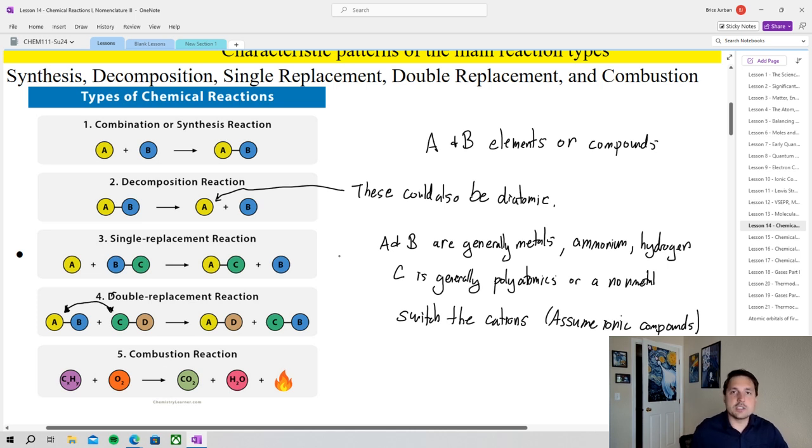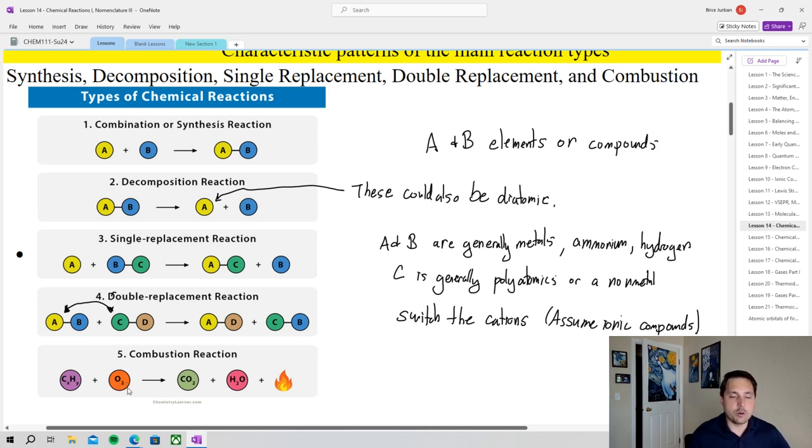And then the last type of reaction I like to classify separately. It could also be considered a combination reaction in certain circumstances. But those are combustion reactions where we have a compound that's composed of carbon and hydrogen that reacts with oxygen.